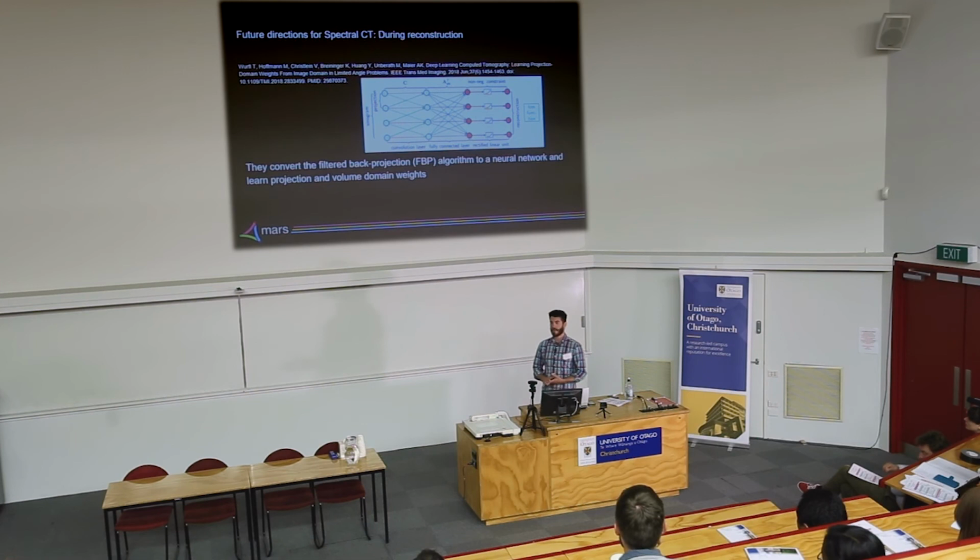In this case, if we know a guiding function of what it should look like at the end, we can allow the network to learn that. So it does learn the physics, but we would need enough synthetic data or real data to get there. Some initial results are promising that we can at least take the original filtered back projection algorithm and map it into a deep learning network.